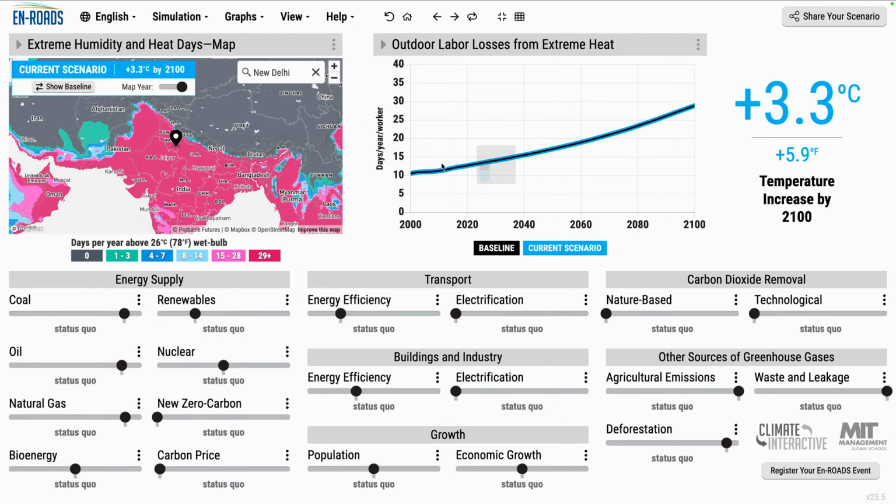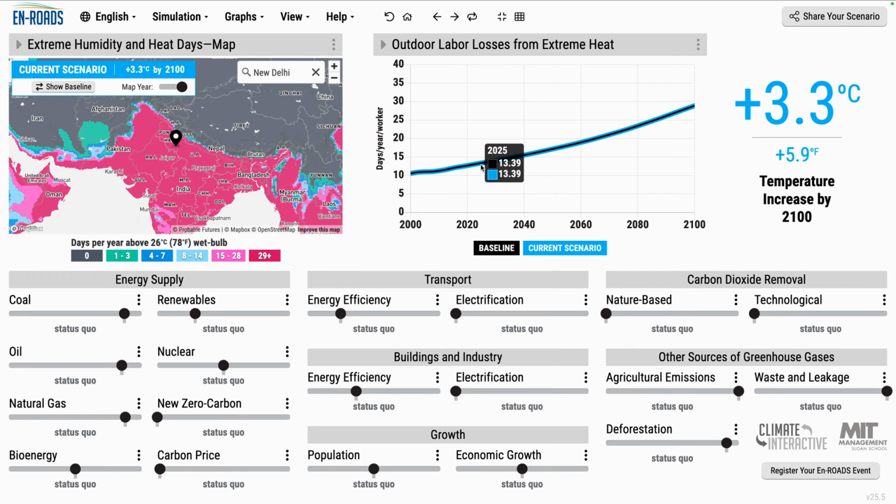The second way is to show where things are headed, to really look at what these graphs are saying, to motivate the action and the need for solutions and for preventing as much climate change as possible. Here with this graph on the right, we would say we're today here at 13 days per year per worker of outdoor labor loss from extreme heat.